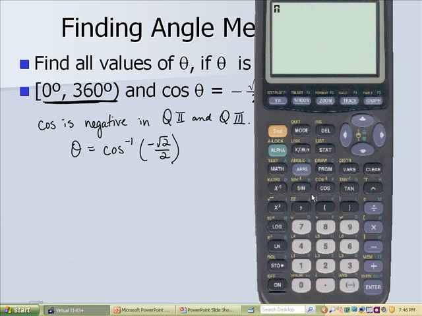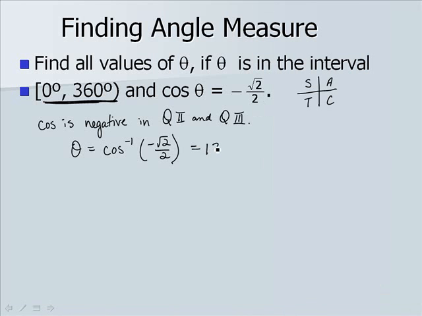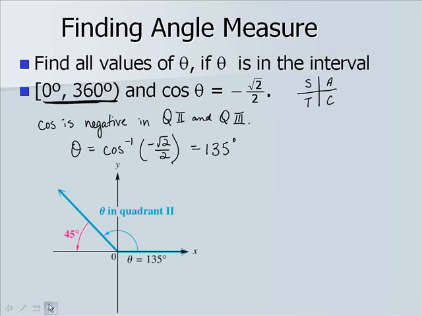And we'll do second cosine of negative square root of 2 divided by 2. And we see we get a value of 135 degrees. That angle is in quadrant 2, so we've taken care of this one.